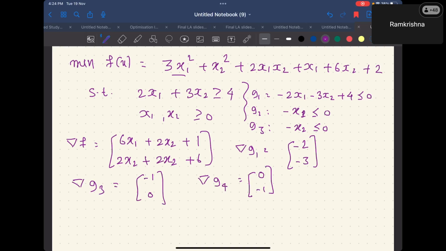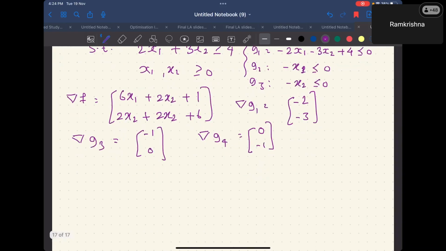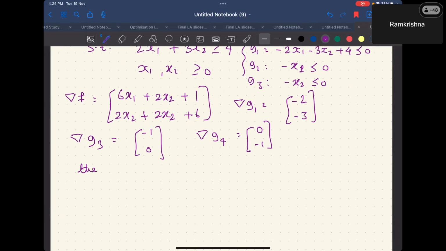Okay, nice. So first I assume that all constraints are satisfied, which means that the minima lies in the interior of all those constraint sets.